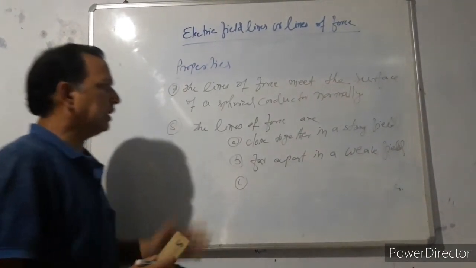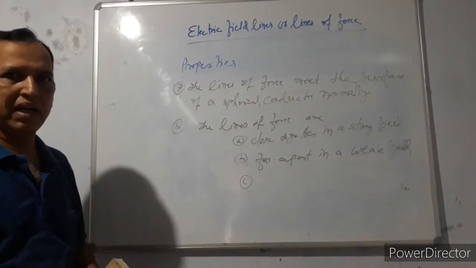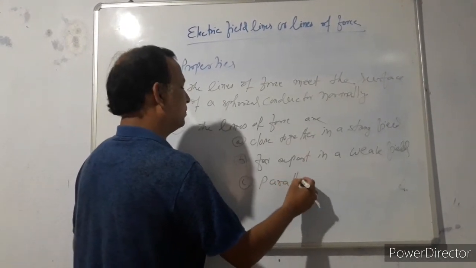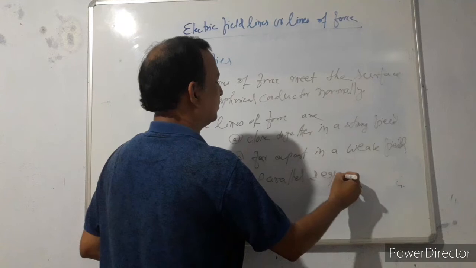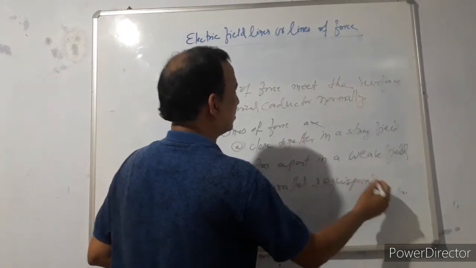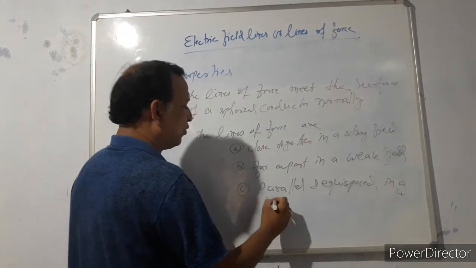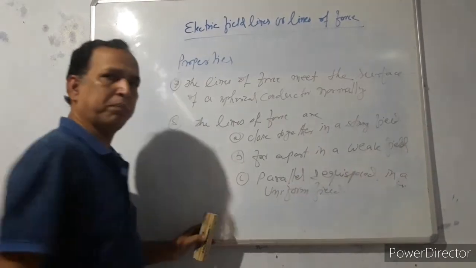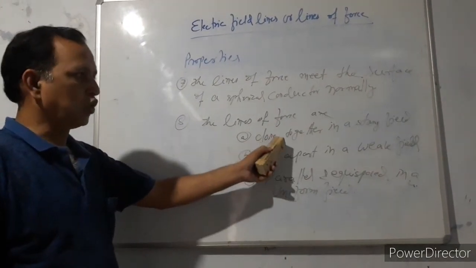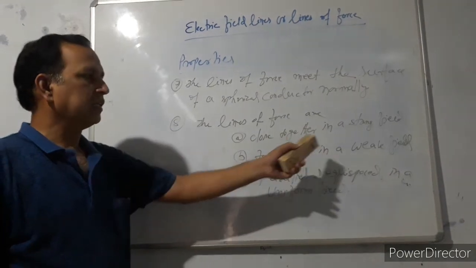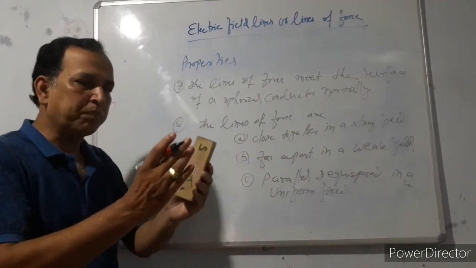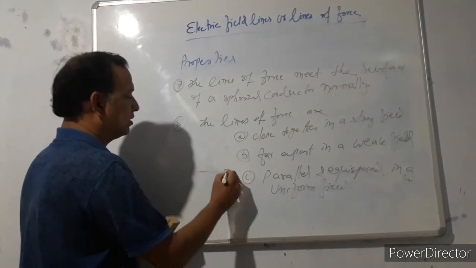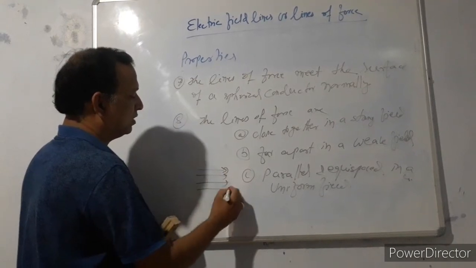Next, the lines of force are parallel and equispaced in a uniform field. Close together, strong field. Far apart, weak field. Parallel and equispaced, that is a uniform field.